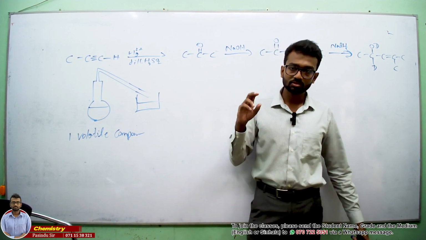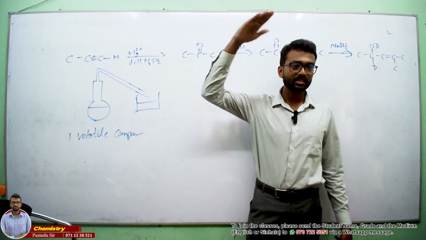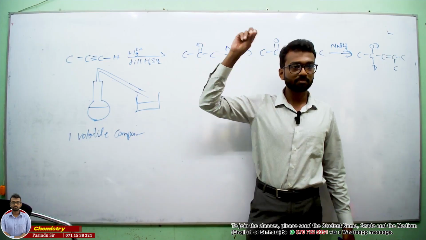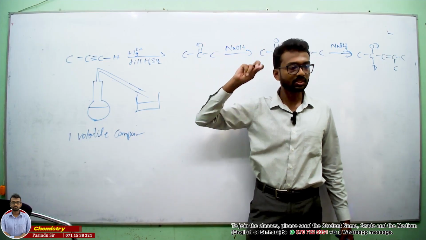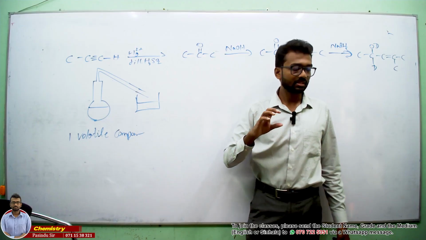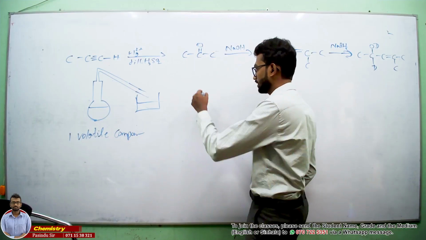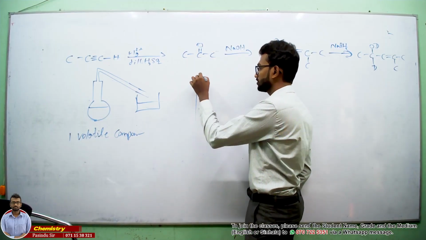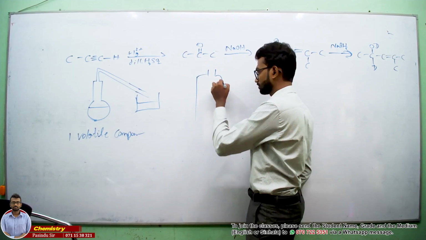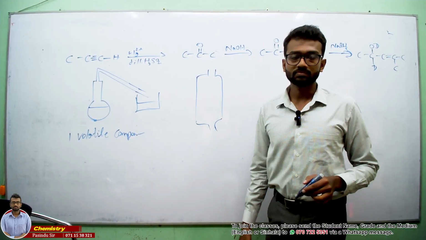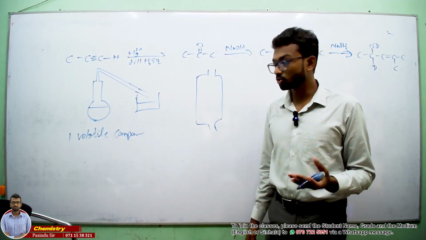We heat the sample and separate the different compounds based on their boiling points. There's a thing called a fractional distillation column, and that's what you use to separate crude oil.